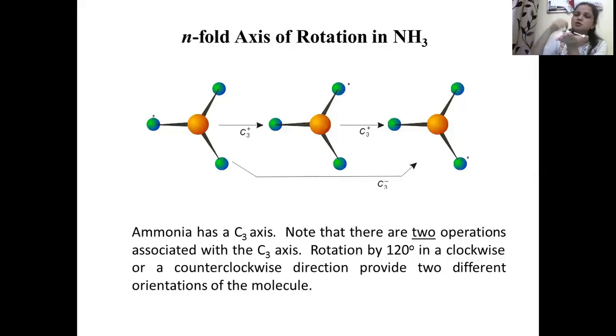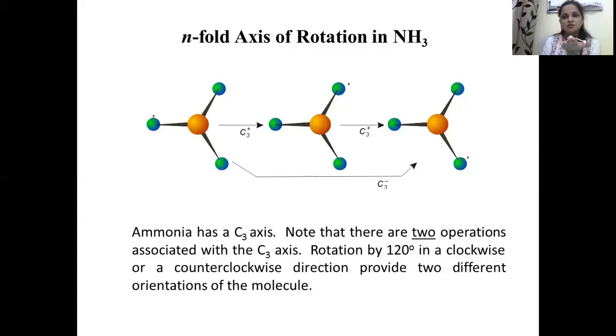If we look at the three hydrogen atoms attached to the surface, they form a triangle like this. For a complete rotation of 360 degrees, the three atoms are placed at equal distance, so they form an angle of 120 degrees. 120 plus 120 plus 120 is 360 degrees. If I rotate this molecule through this axis by 120 degrees, it gives the identical structure, which means this molecule possesses a C3 rotation axis.